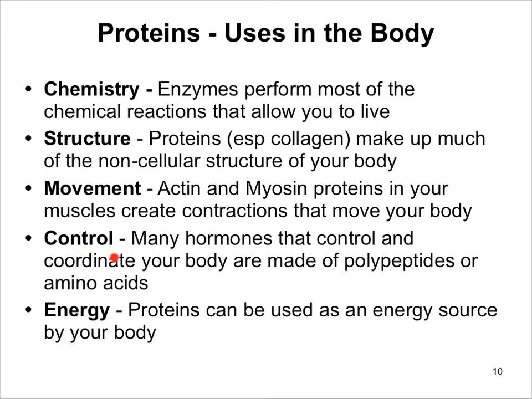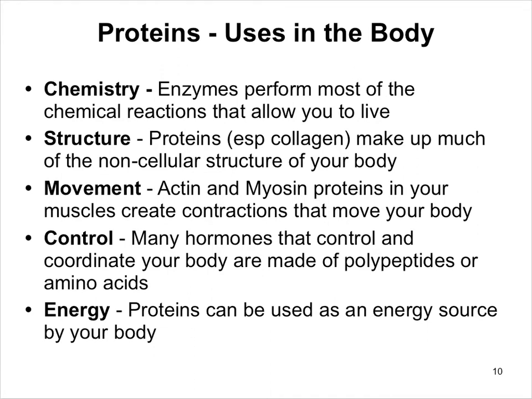Control. Many hormones in the body are chemical signals that allow your body to control and coordinate actions. Many of these hormones are either made of proteins, amino acid polymers, either proteins or polypeptides, or they are derivatives of amino acids.